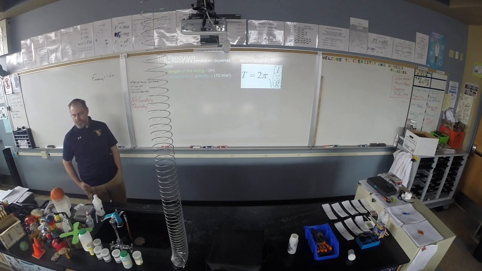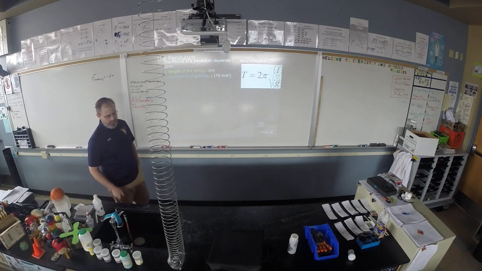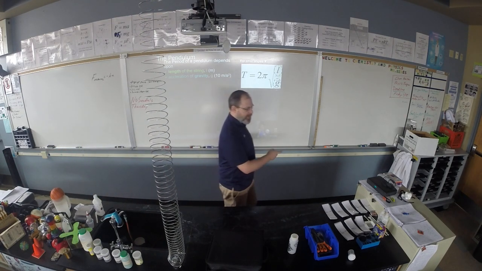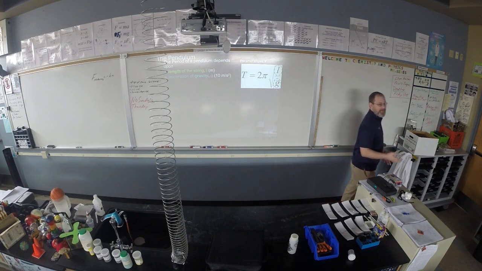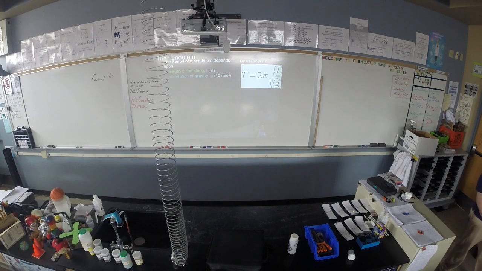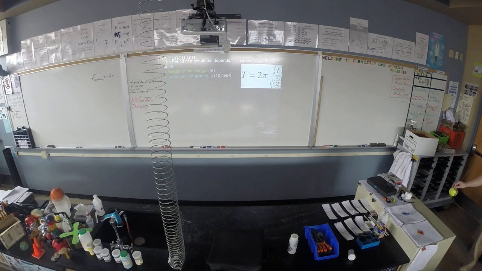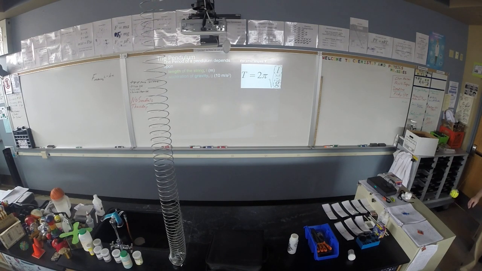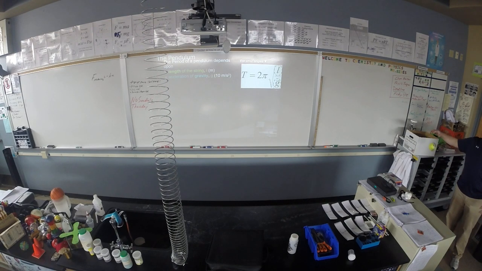So this begs the question: if you have a wrecking ball swinging along with a certain natural swinging period, does it matter how far it is from the equilibrium point? In other words, if I had a pendulum swinging like this, would this have the same period as this?